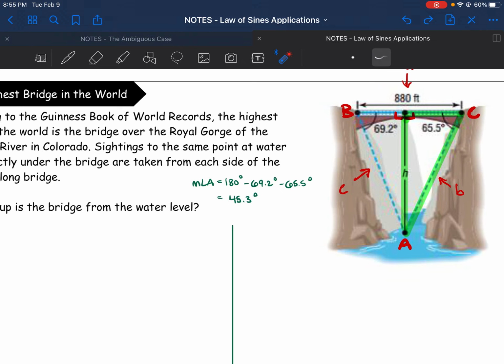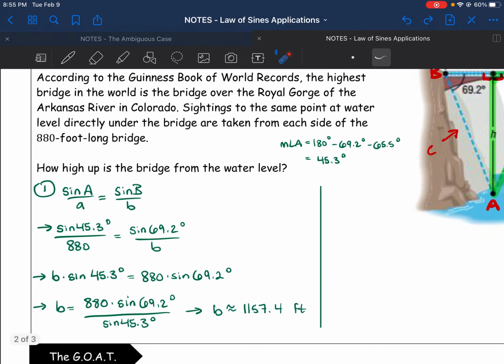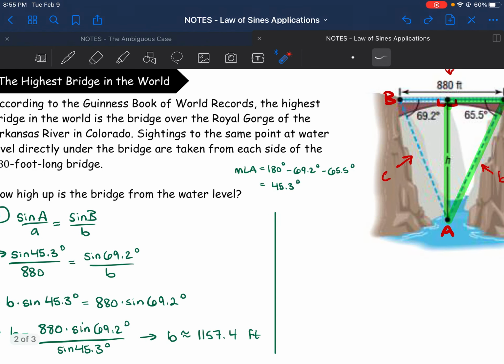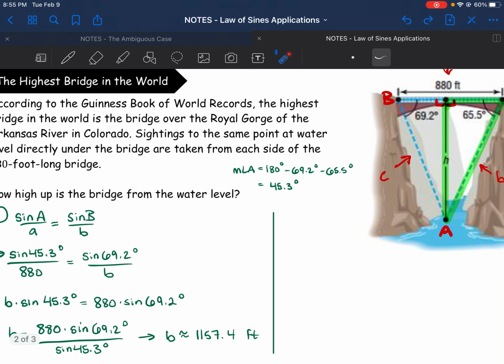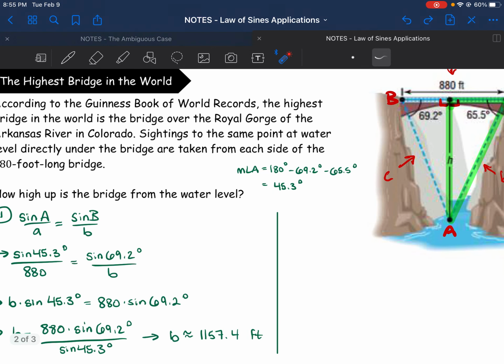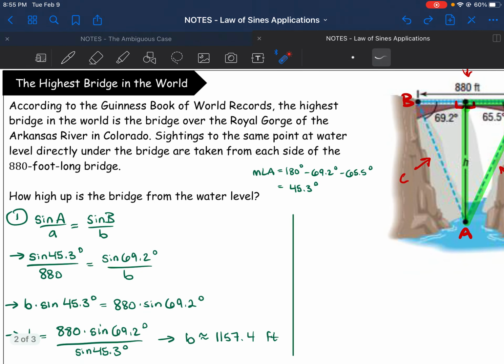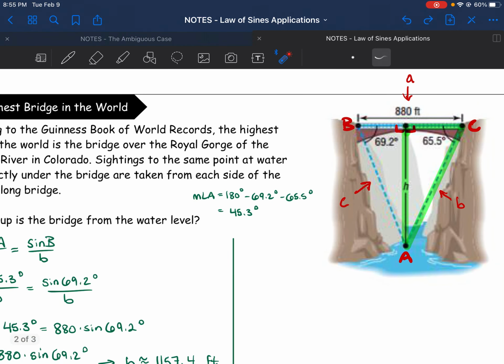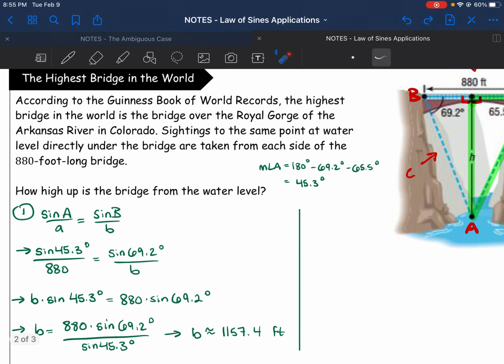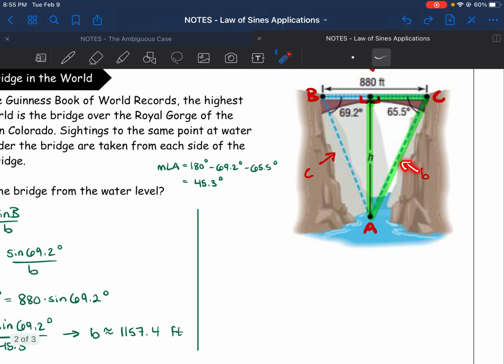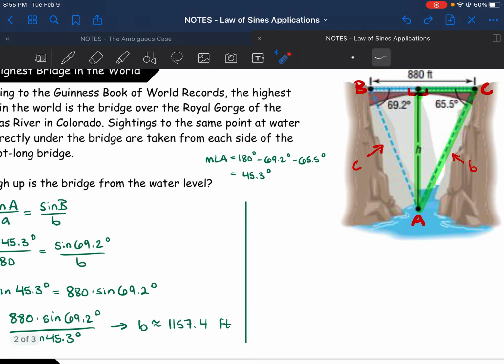Once I've done that, I'm going to work on trying to find side B. So the ratio that I set up is sine of angle A over A equals sine of angle B over B. We know that angle A is this 45.3 degrees we just found, and we know that side A is this 880 feet, because that's what's across from angle A here. Sine of angle B over B, well, we know that angle B is 69.2 degrees, so sine of 69.2 degrees, and B is what I'm trying to find here. It's going to help me in the second half of the problem.